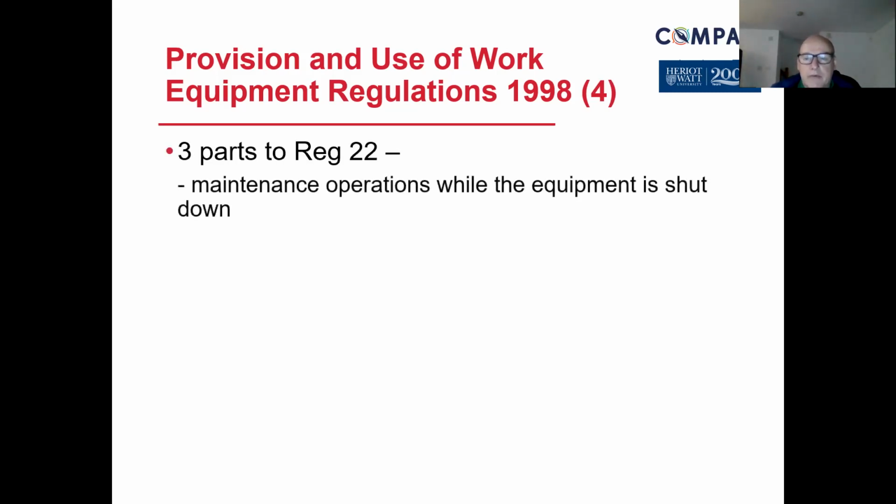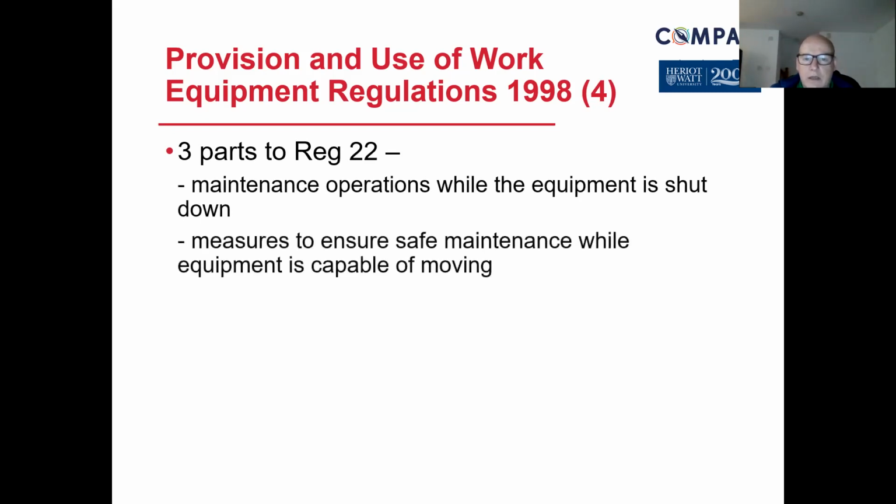There are three parts to Regulation 22, sorry. The operations will, while the equipment is shut down. So can you do it whilst it's isolated and remains in a safe state? So valves are closed and locked off, electrical energy is turned off, switched off and locked off and so on. Measures to ensure safe maintenance while equipment is capable of moving.